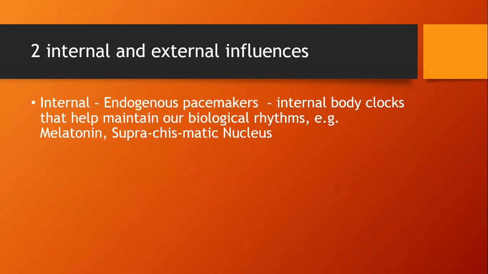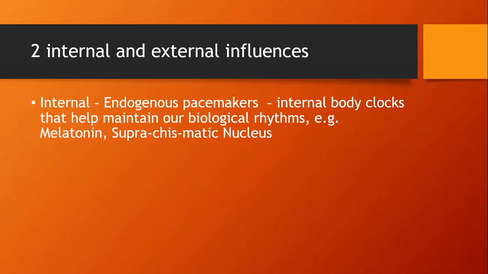Well, the internal one, endogenous pacemakers. So these are internal body clocks that help maintain our biological rhythms. For example, melatonin. We know what melatonin is. Can you remember which gland it comes from? Yeah, the pineal gland.